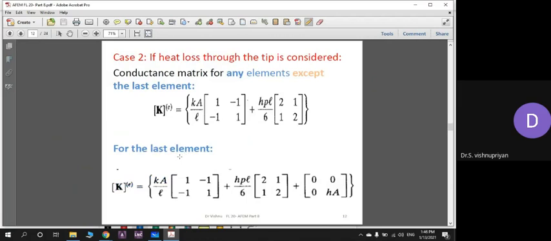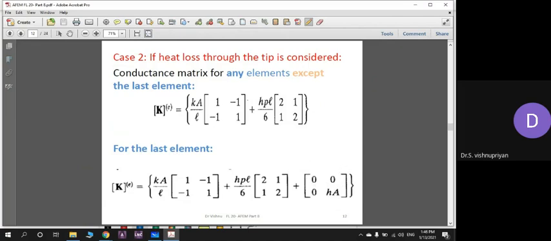These two terms will be there anyway. Now this term, this 0, 0, 0, HA, comes because that element's tip is exposed to convection of coefficient H. So this term comes extra to the last element because of that tip transfer.